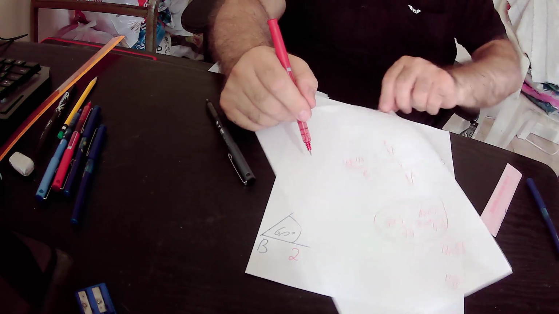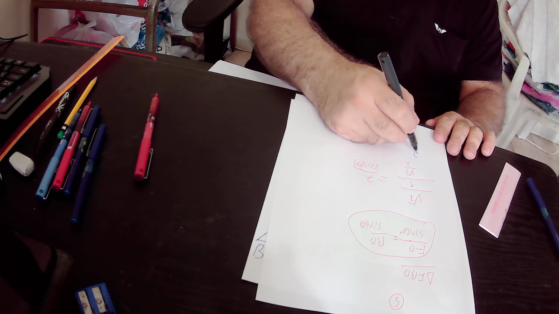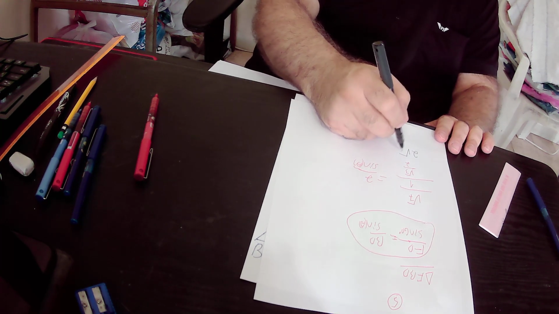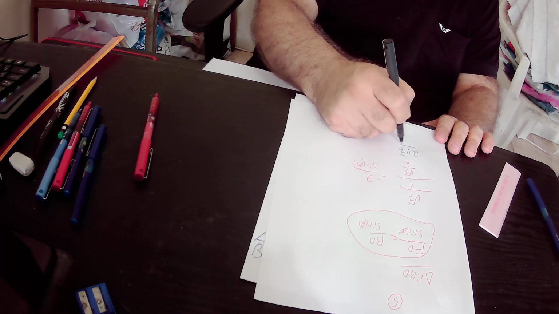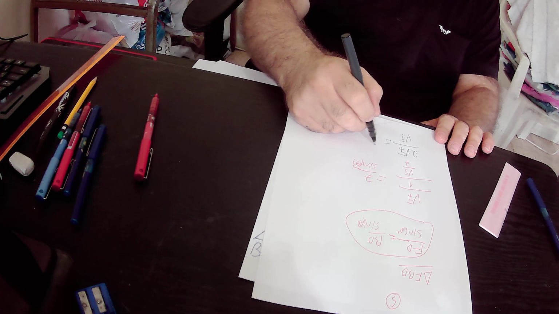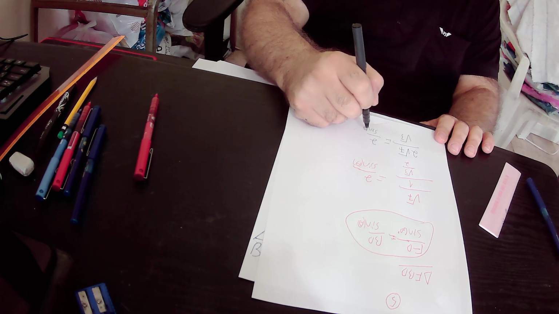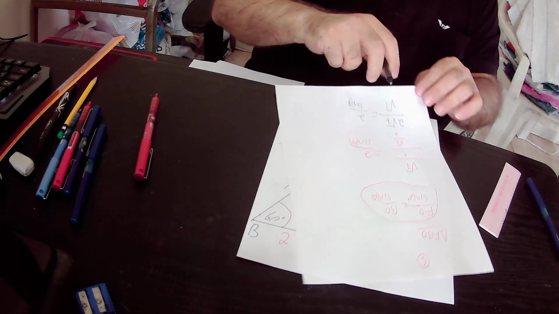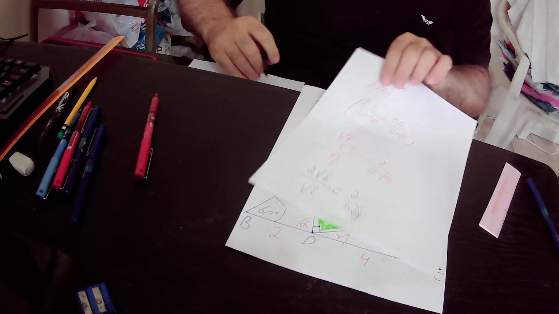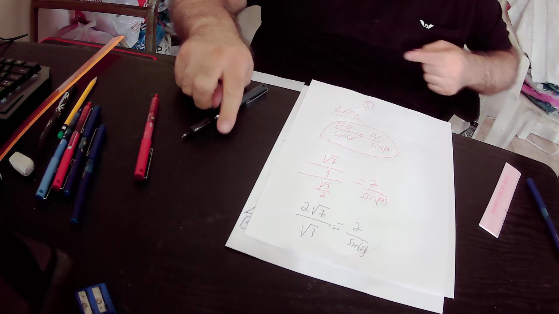Okay, so we'll get that 2 times root 7 over root 3 equals 2 over sine theta.